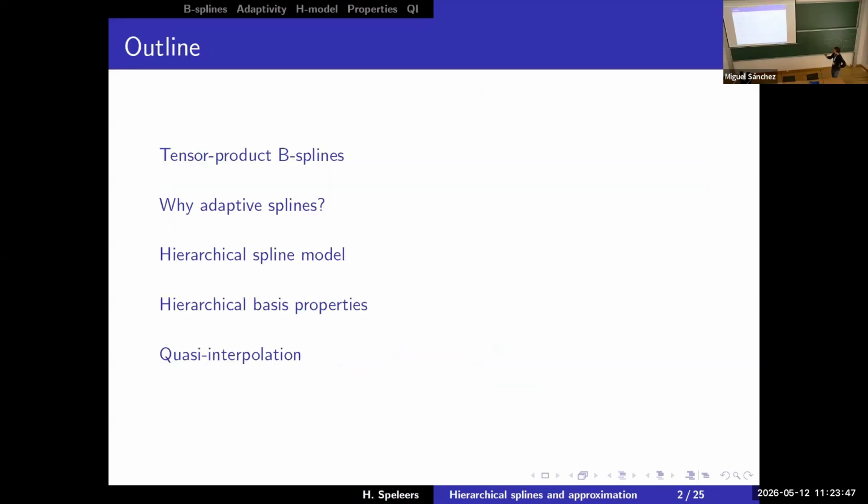Okay, so basically I will start with recalling a bit univariate B-splines, move to tensor product B-splines, and then basically go beyond. So why might tensor product B-splines not be the end of the story? Because sometimes you want some local refinement.